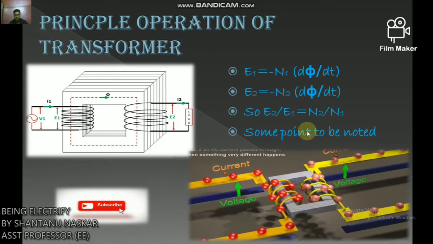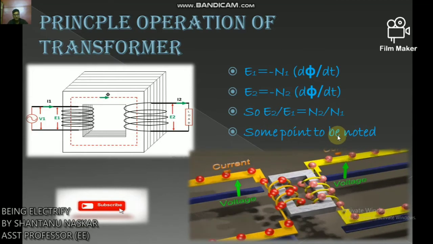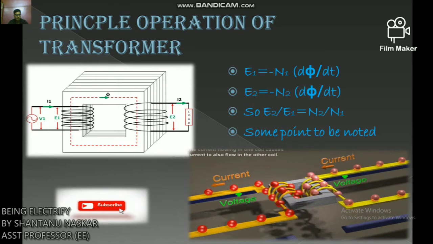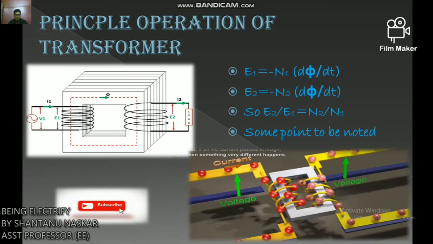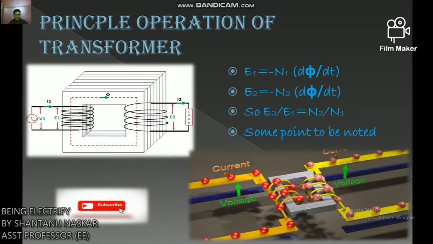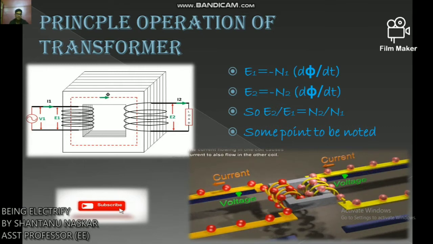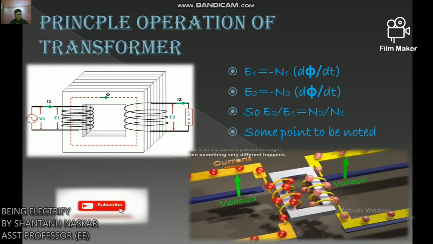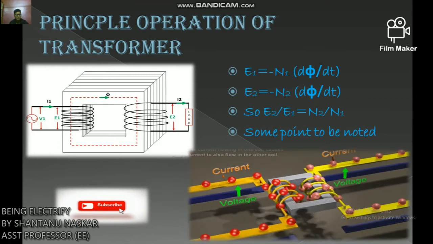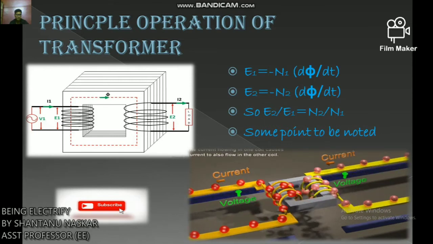Now, some points to be noted. Number one, the transformer action is based on the laws of electromagnetic induction. Number two, there is no electrical connection between the primary and secondary. The AC power is transferred from primary to secondary through magnetic flux. Number three, there is no change in frequency. Output power has the same frequency as the input power.